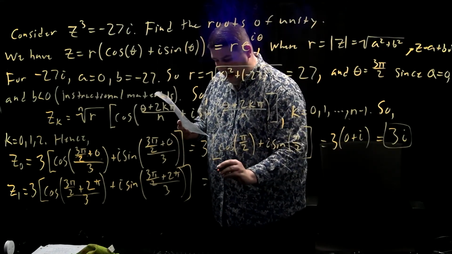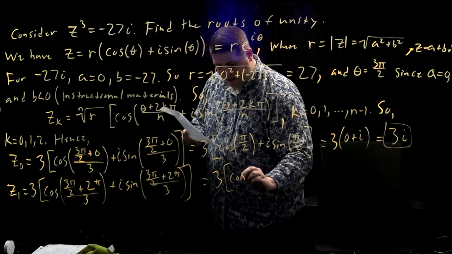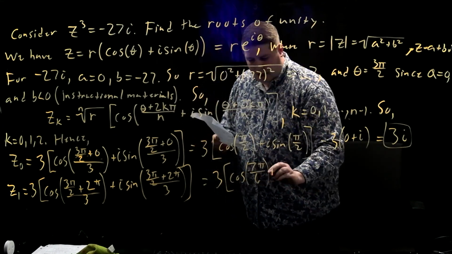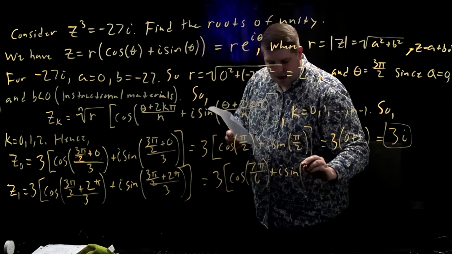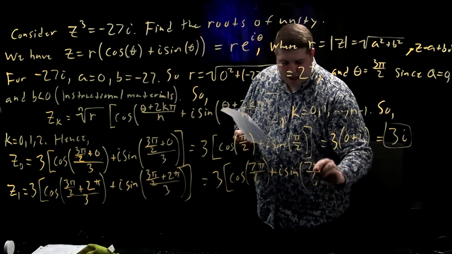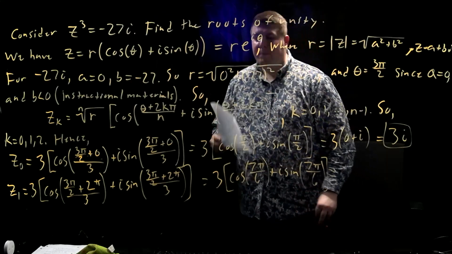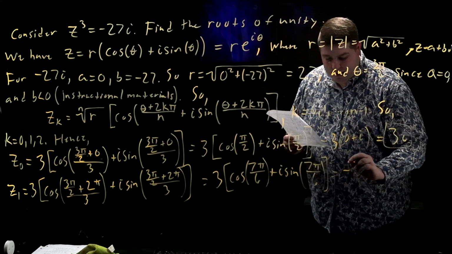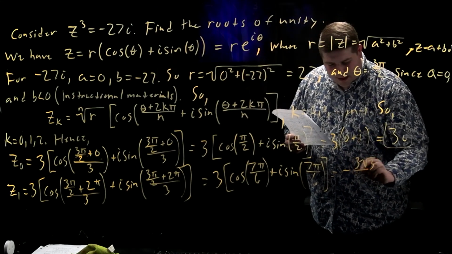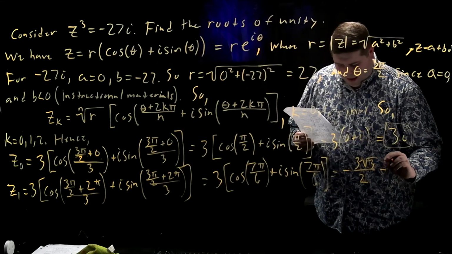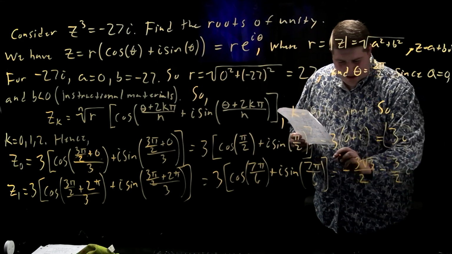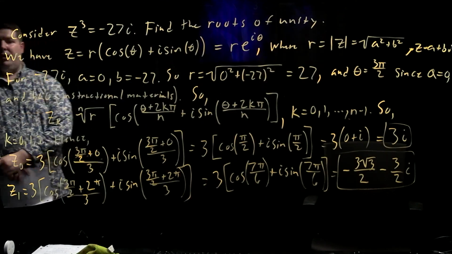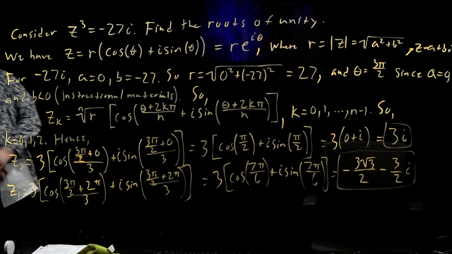Simplifying all that, what you have is 3 times cosine of 7 pi over 6. Oh, do we remember our unit circle? Plus i times the sine of 7 pi over 6. Okay? And simplifying that out, you actually get that this is negative 3 times square root of 3 over 2 minus 3 over 2 times i. Beautiful. Okay? All right. So we have one more, z2.